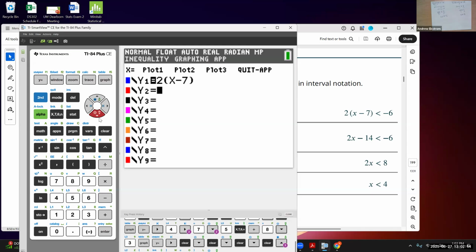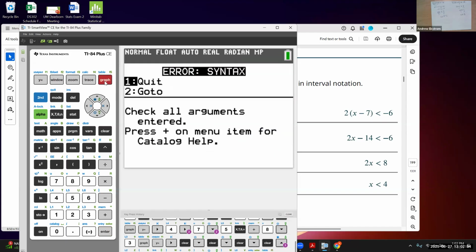And again, if we're going to have -6 here, I'll just show you what happens on here. If I type in -6, if you're following or trying to do this, don't bother doing this. So I just hit -6, now I hit enter. And let's say I want to graph that.